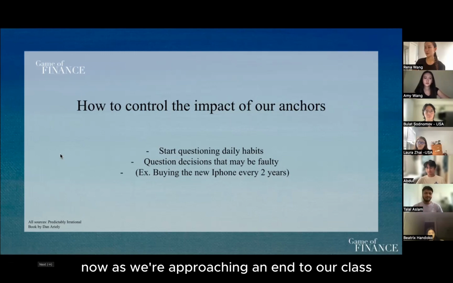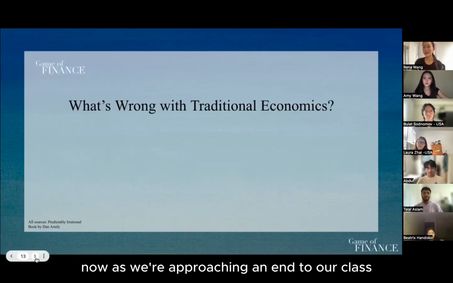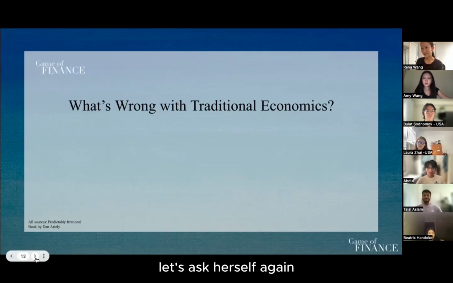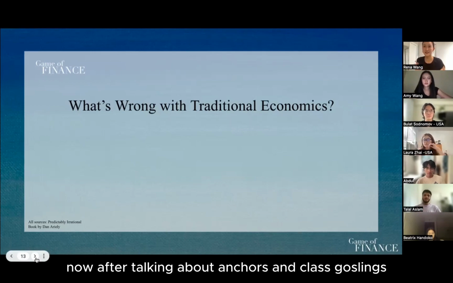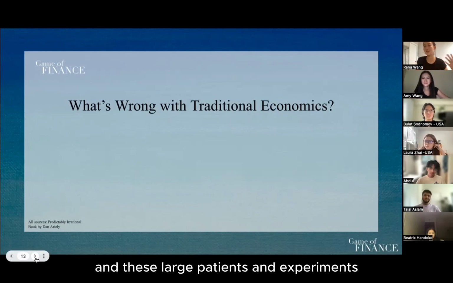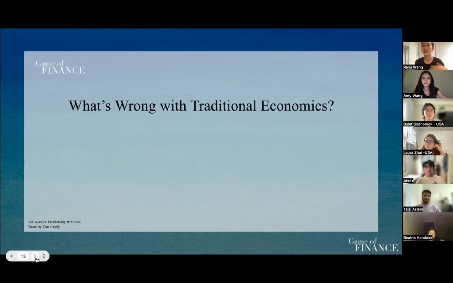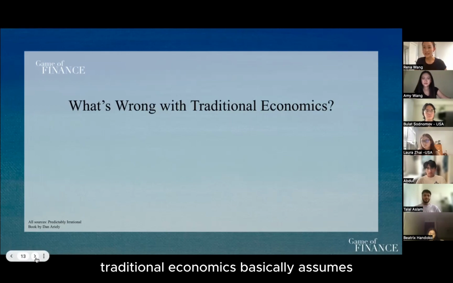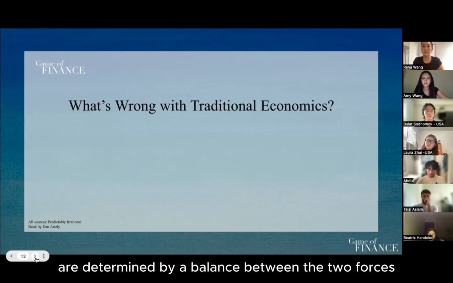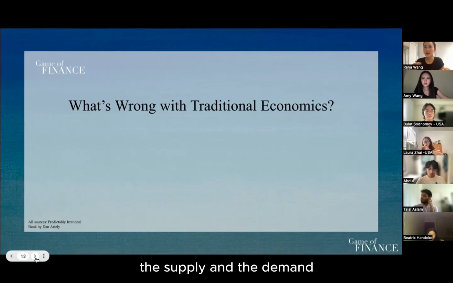Now, as we're approaching the end of our class, let's ask ourselves again, what is our mission today? It is to prove traditional economics wrong. Now, after talking about anchors and goslings and these large implications and experiments, traditional economics basically assumes that the prices of products in the market are determined by a balance between two forces, the production or supply, and the demand, right?